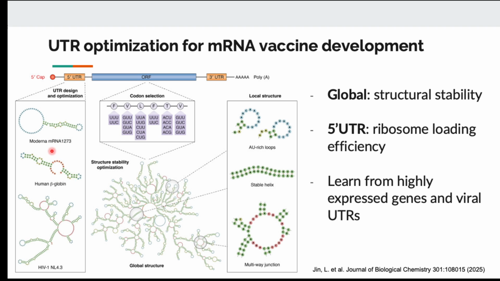So we know that the UTR for hemoglobin might have something to do with the high expression. So some companies attach the UTR from beta globin genes or from some viruses that can infect humans. We know that these UTRs are already optimized by evolution so that they can be expressed in human cells.